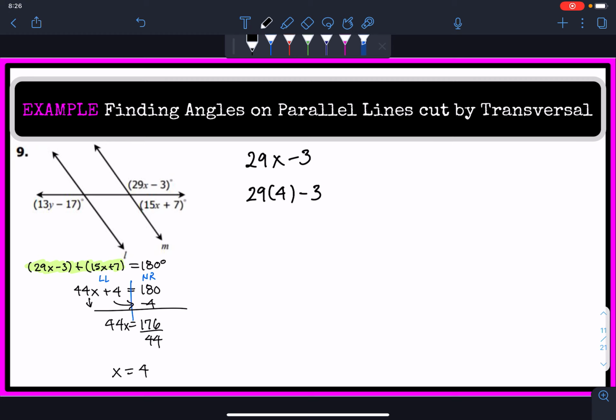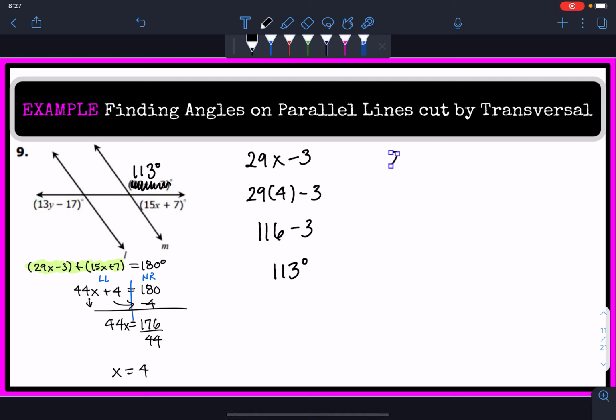So 29 times 4 is equal to 116, and 116 minus 3 is 113. So this angle measurement can be set equal to 113. That means that all of the obtuse angles are equal to 113. So this angle is also equal to 113.